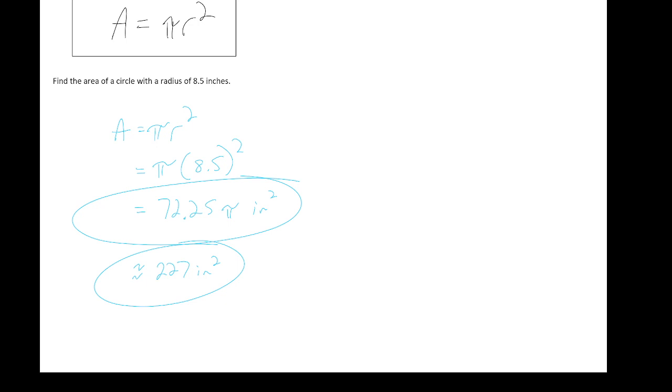Pi times 8.5 squared, which, when you punch that into your calculator, is going to give you 72.25. We're going to leave this in terms of pi, and these are going to be square inches. I'd also like you to give an approximation in addition, which is about 227 inches squared, but the key is that you give me the answer in terms of pi, which is the most exact answer that you can give me.